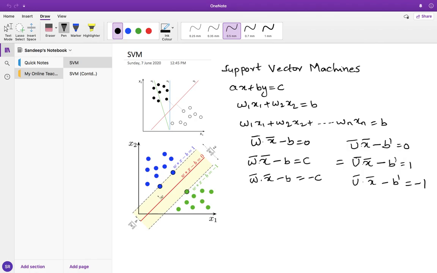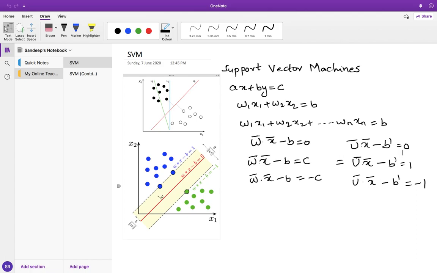Now, after finding the line equation of the hyperplane and the equations of the lines passing through the support vectors from both the classes, let us analyze and find the distance equations.